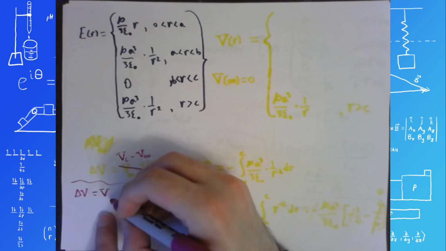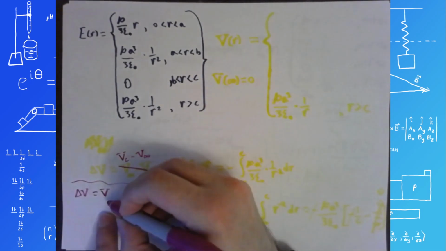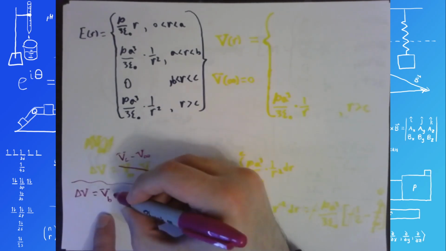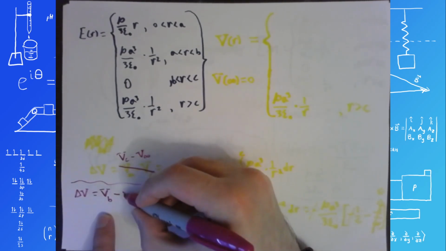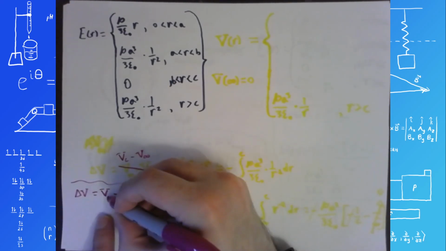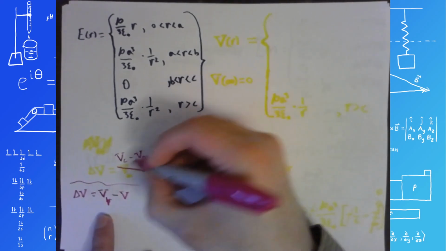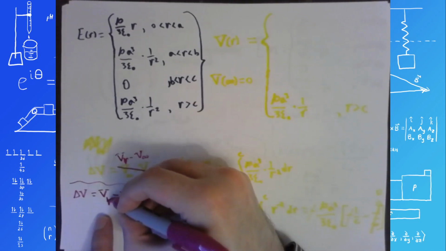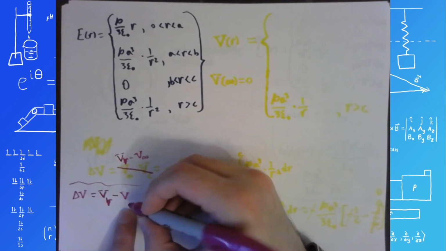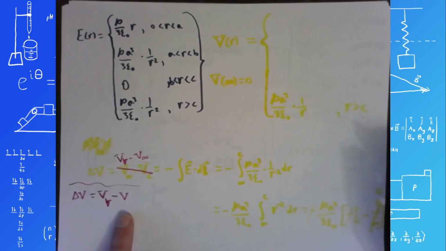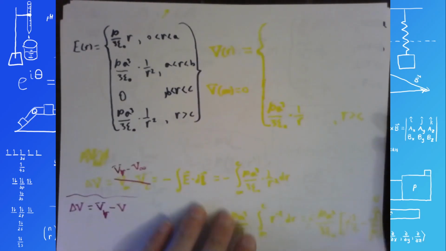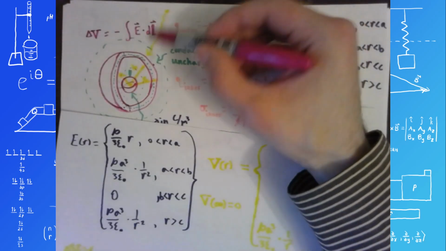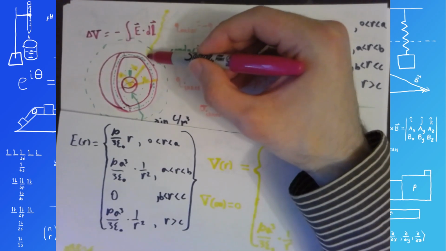Anyway, so here we're going to V sub B eventually. Actually, I should call it V sub R. And then what I want to do, I don't want to start from infinity, because I already know what happens if I integrate from infinity to the surface of my sphere.